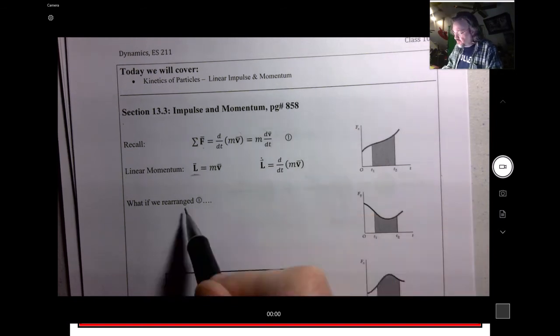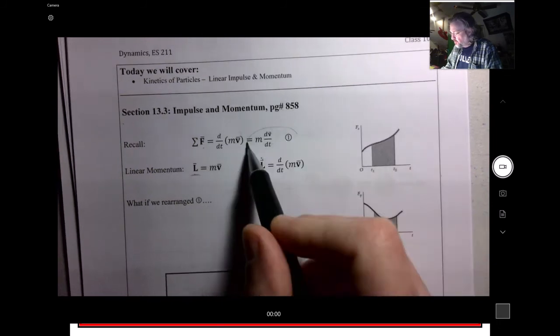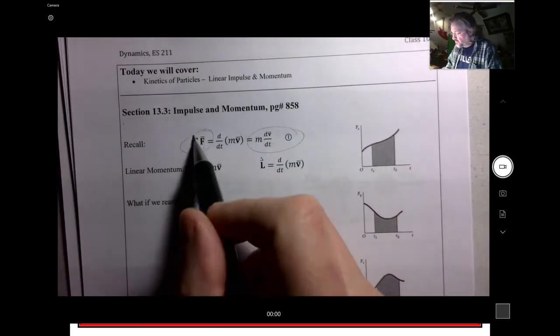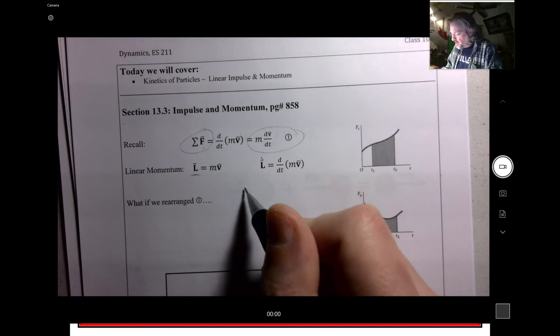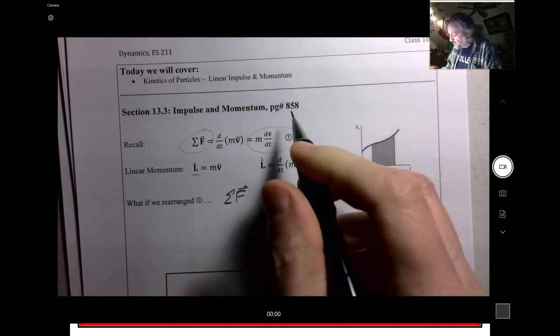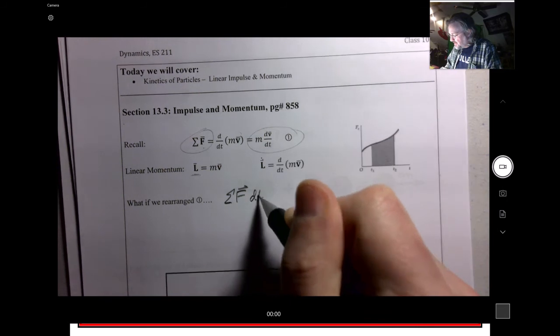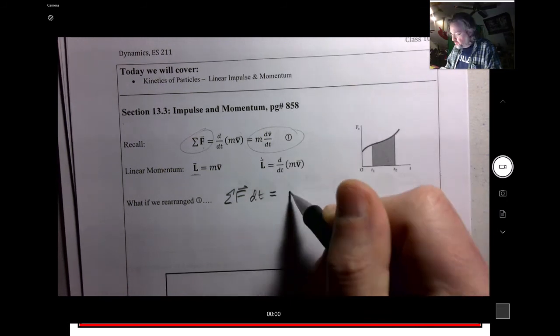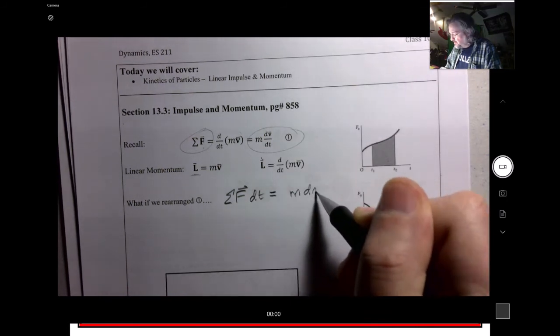But if we were to rearrange this equation right up here, we could say that the sum of the forces times dt is equal to mass times dv.